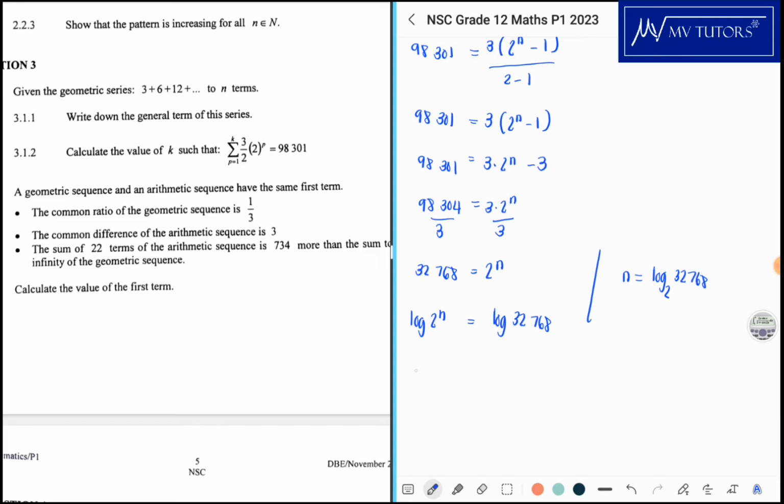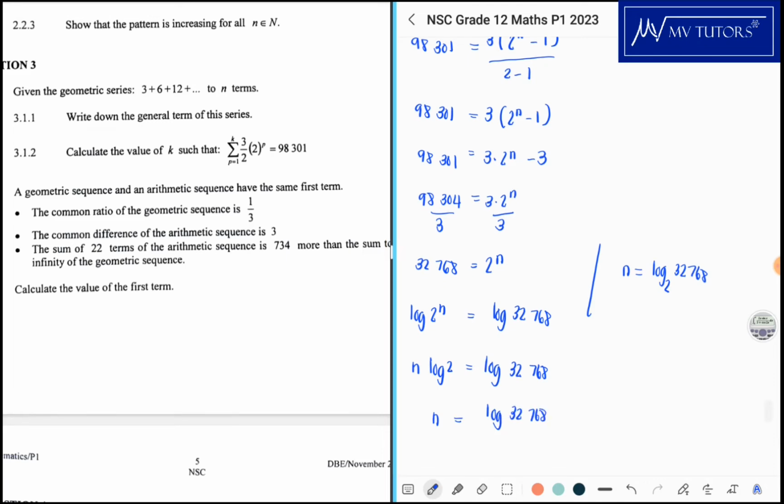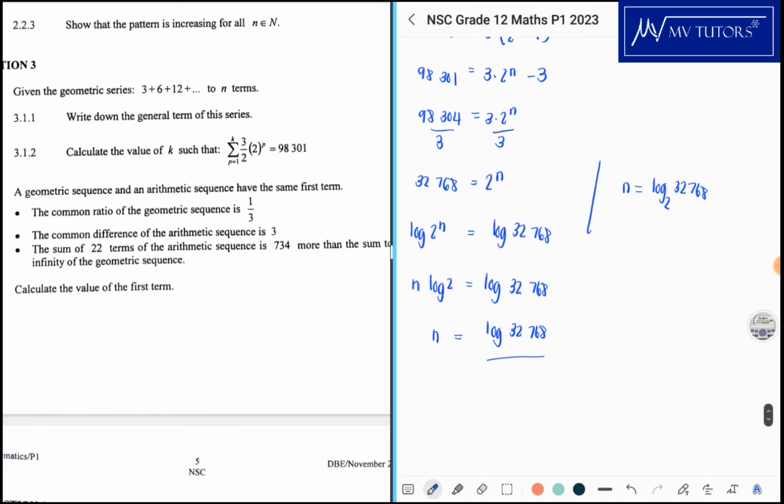Okay, so if I simplify this side, I have n, because I can bring down the n, log 2, and I have log 32,768. If I have n as the subject of the formula, I basically have log 32,768 divided by log 2. Okay, so you can use your calculator, you will get the same answer.